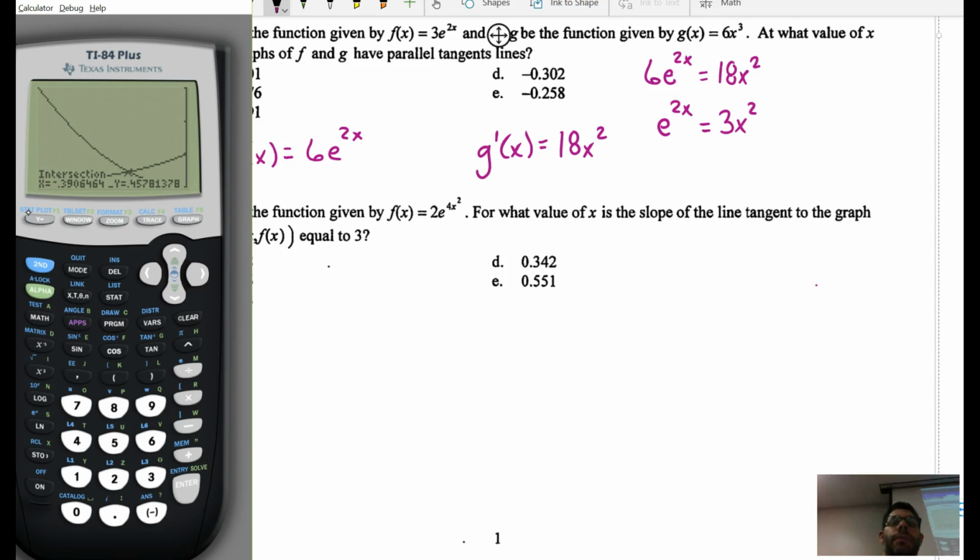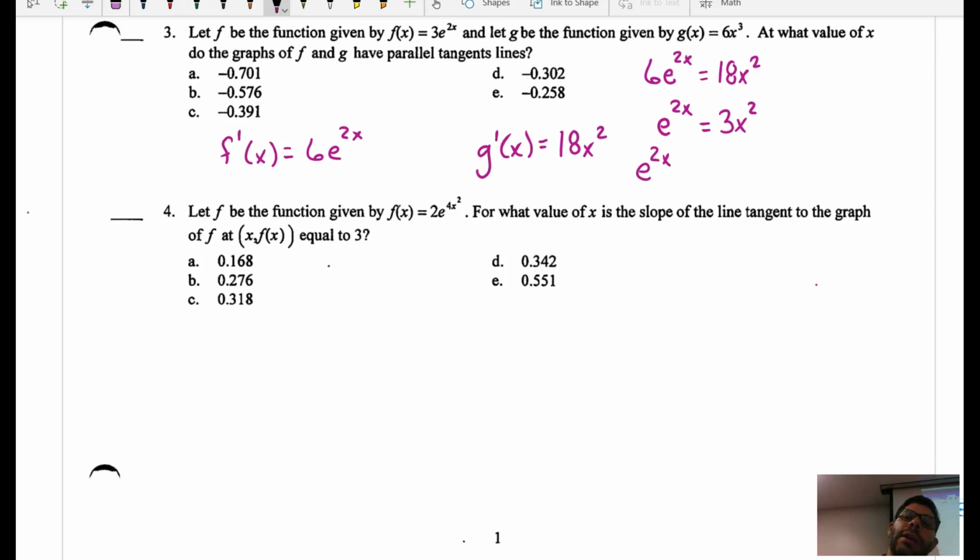You're good now? I want to talk about one alternative here. Again, algebraically, we have e to the 2x equals 3x squared. Is that algebraically the same as e to the 2x minus 3x squared equals 0?